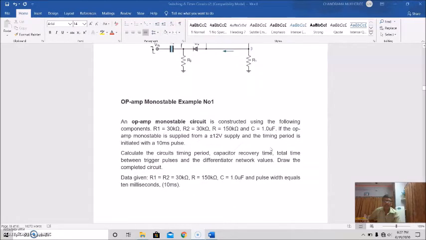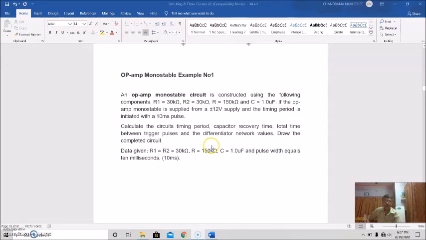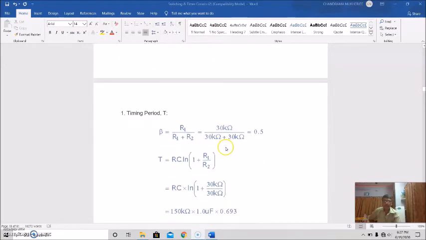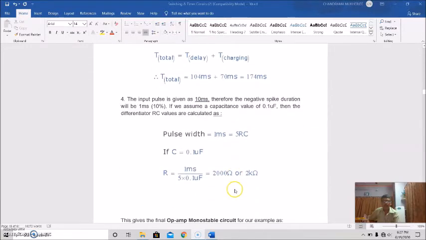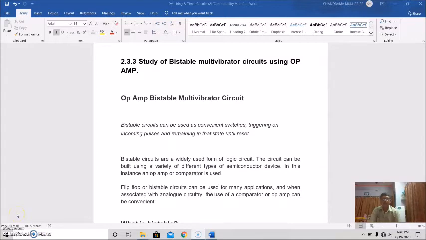Everything was cleared with the example we took, where we calculated everything. So we thoroughly discussed the monostable multivibrator circuit using op-amp in the last class, and in this class we have completed it.